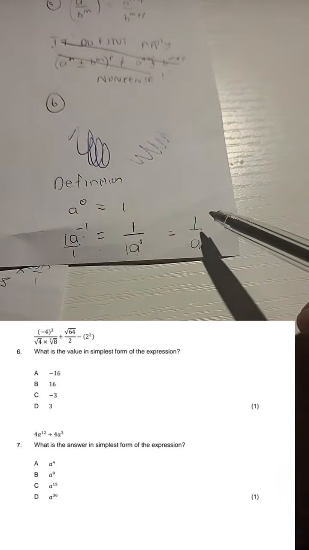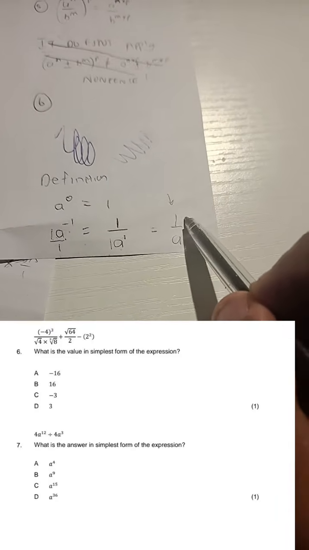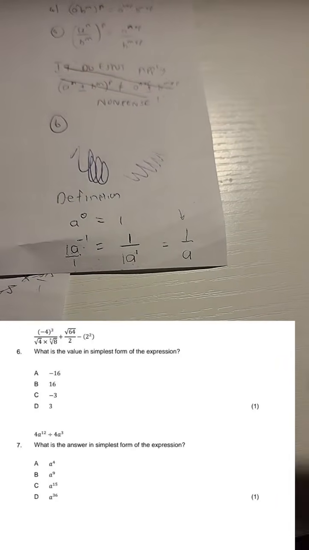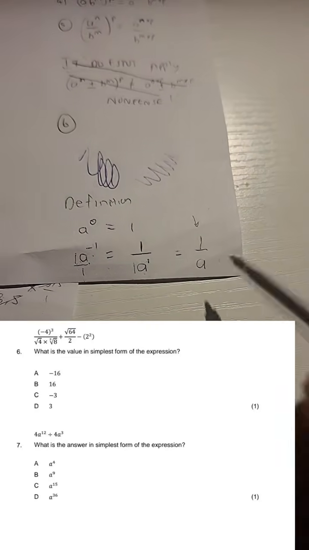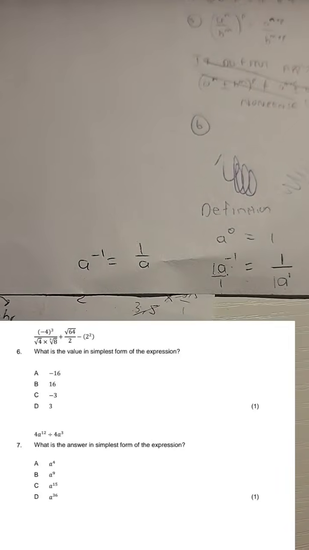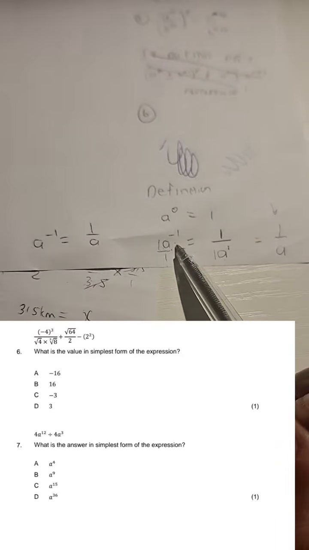But the 1 in the numerator, we always have to show what is left behind in the numerator, guys, because the numerator has value that needs to be shown. So it always has to be shown. So therefore, we simply say that a to the power negative 1 is 1 over a. Does that make sense, guys? Because that's the definition for negative exponents.